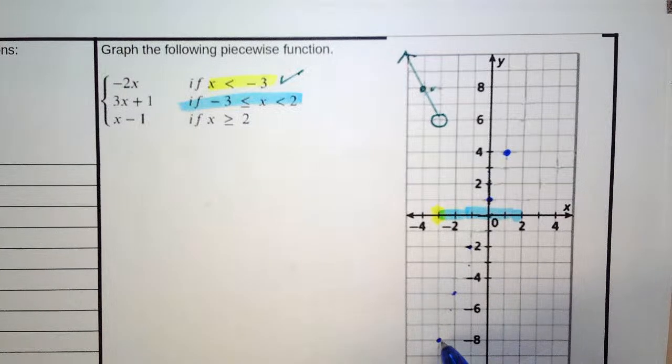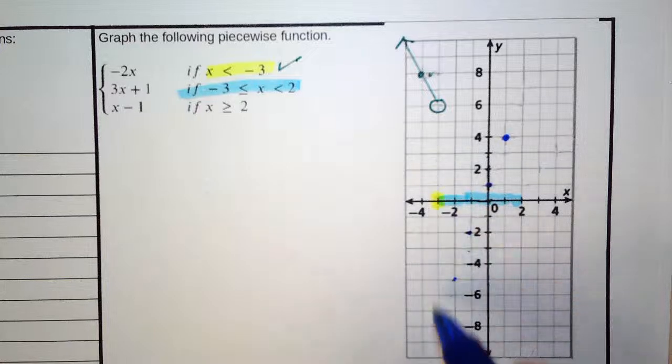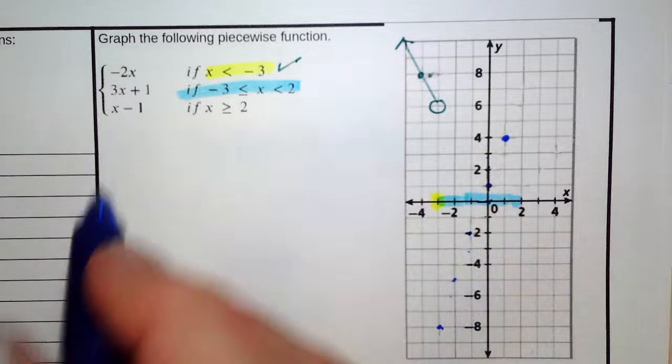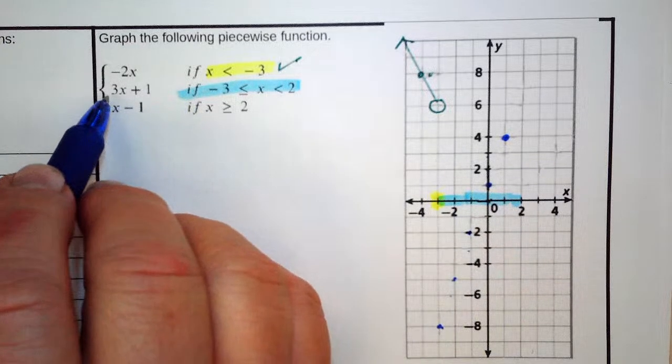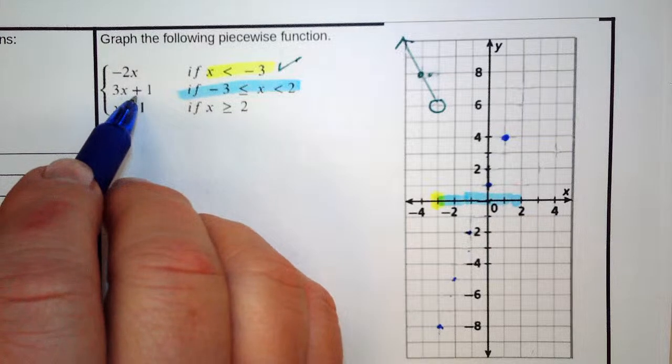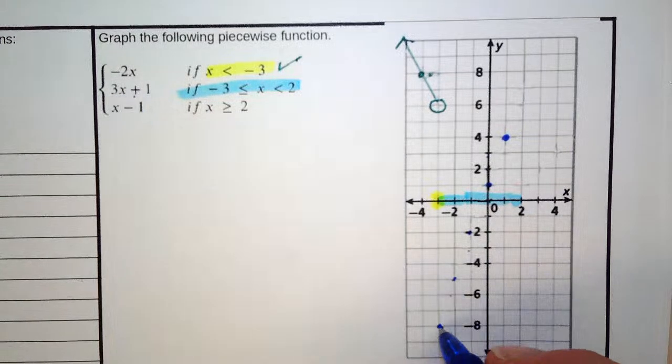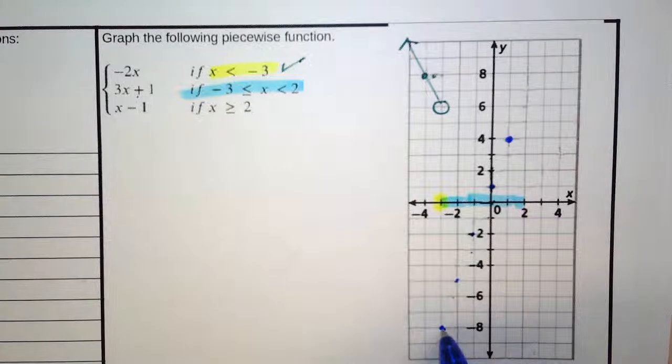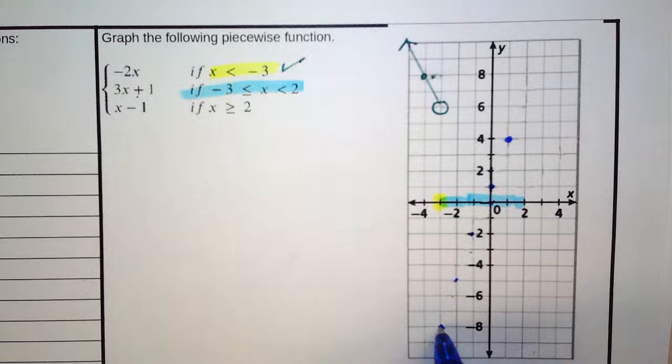Okay, so this is where I'm actually going to start, because this is -3. I could have put -3 in here. -3 times 3 is -9, plus 1 is -8. So the starting point is -3, -8.